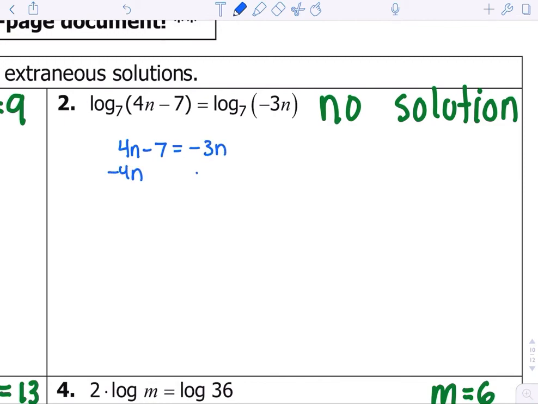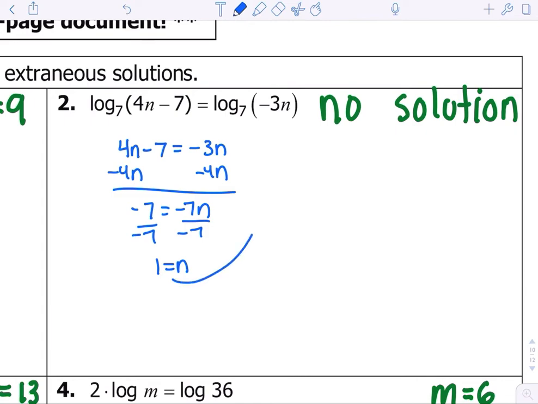Now you just solve for n, so negative 7 equals negative 7n, divide both by negative 7, 1 is going to equal n. Now, if you plug this back into your original, you're going to get a negative on the inside, which is not good. So this cannot be an answer, which means it's going to be no solution.